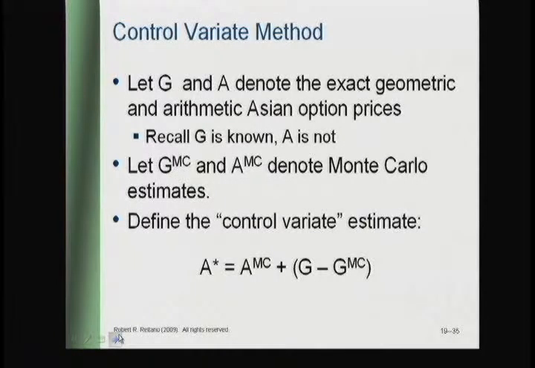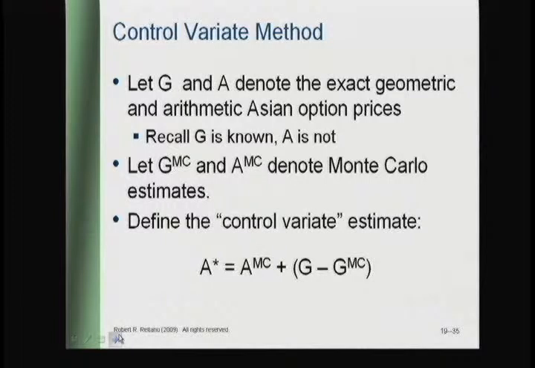In other words, imagine that we had two random variables where the error of the first was always half the error of the second. Well, if I could figure out the error of the second exactly, I would just cut it in half and adjust my first price by half of the error of the second. And I would have a better estimate.